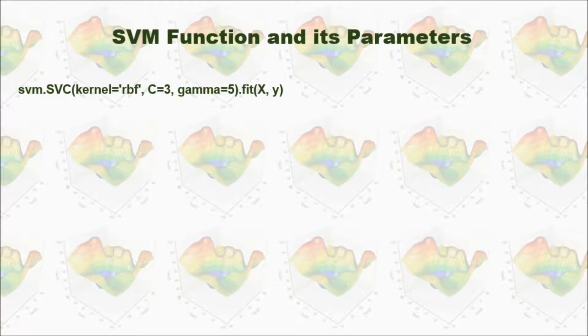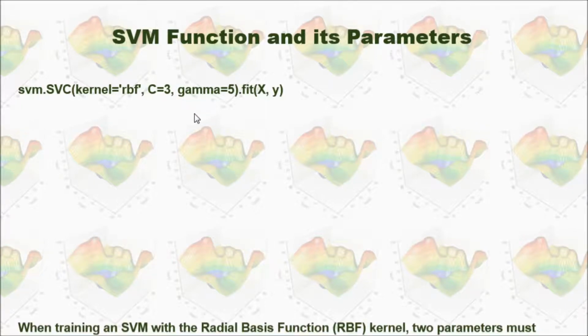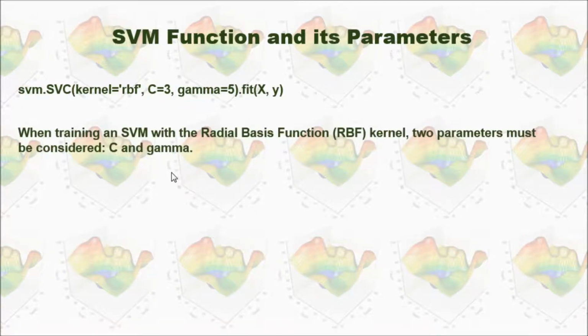Here, I say kernel equal to RBF. And the second parameter is C, and the third parameter is gamma. So when we use the RBF kernel, those 2 parameters, C and gamma, must be considered.